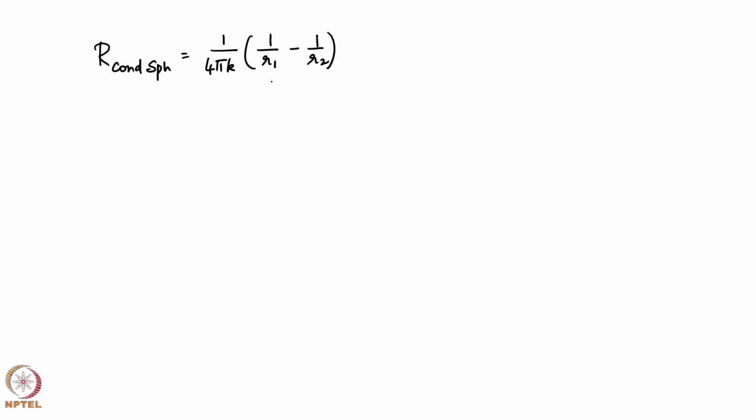R1 is smaller, so 1 by R1 is larger, which means this bracket is a number which has to be greater than 0. Again, you have series and parallel combinations. In cylinder, sphere, whatever you want to do, everything you can do as we did for the plane wall. For example, I have a sphere which has a particular wall thickness.